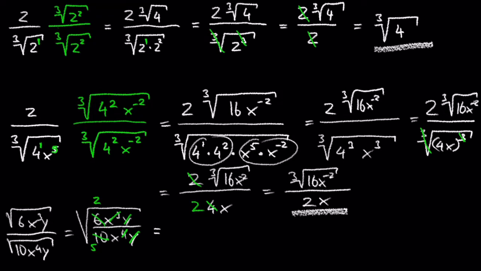and then applying the division law for roots in reverse, we get the square root of 3 over the square root of 5x. We can remove the square root of 5x by multiplying it by the square root of 5x.